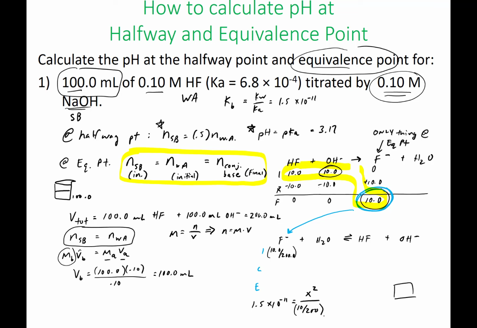If I solve for x here, I'm going to use the assumption rule, so that should work. Then I get x, which is equal to the amount of OH, equal to 8.6 times 10 to the negative 7th. If I take the negative log of that, I get my pOH, which is 6.06. So now I'm going to subtract from 14 to get the pH. And the pH is 7.94.